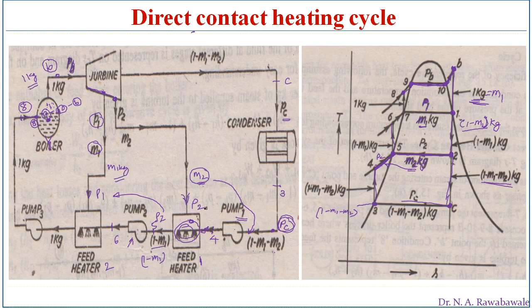Both are going to mix here. So at point 6, the heat is supplied from this m1 kg, the latent heat of vaporization is given to this feed water to increase its temperature from point 6 to 7. So here sensible heat is supplied by this m1 kg of steam to 1 minus m1 kg of condensate.